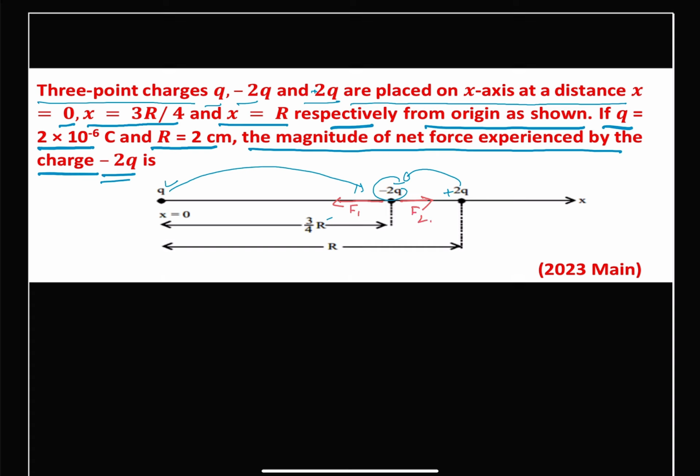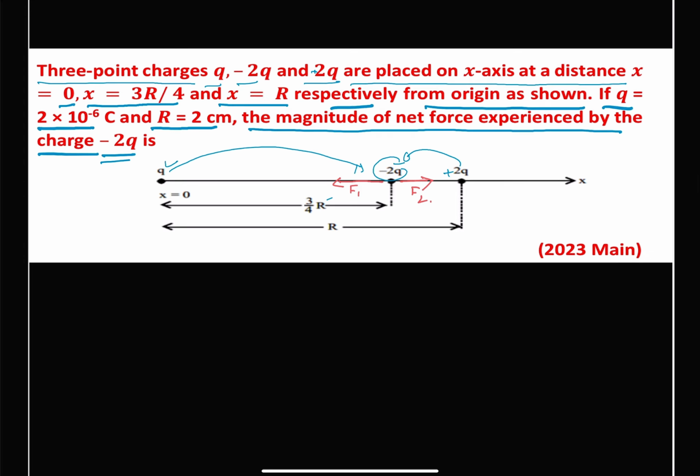R is given to us as 2 centimeter. We need to find out this distance. So this comes as r minus 3r by 4, which comes to r by 4.